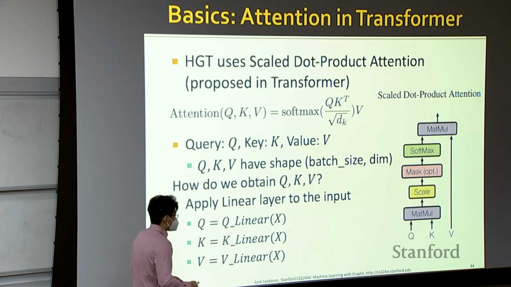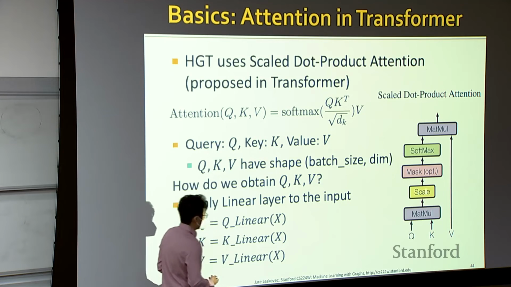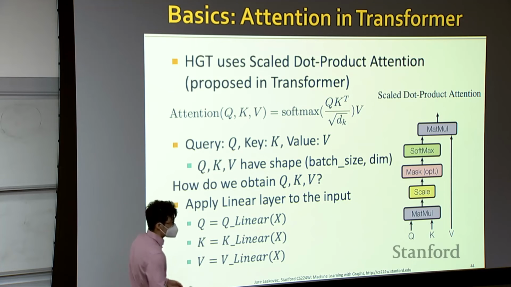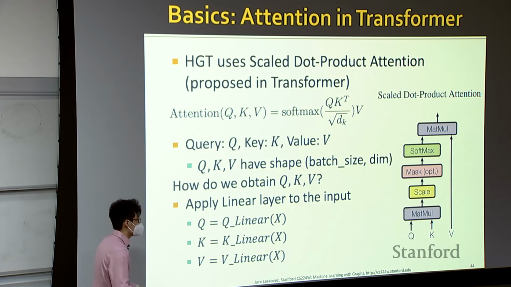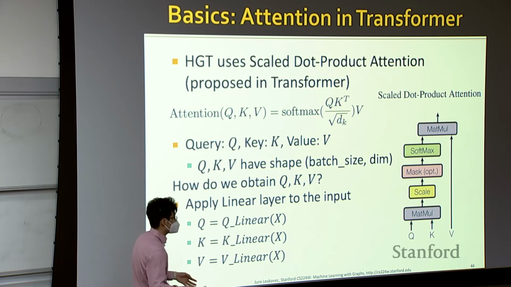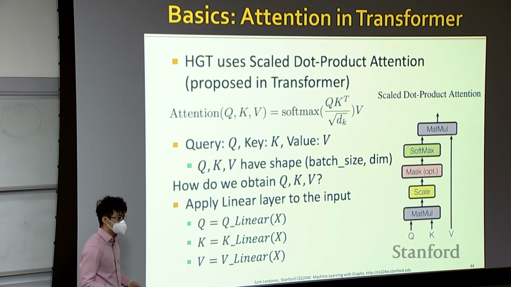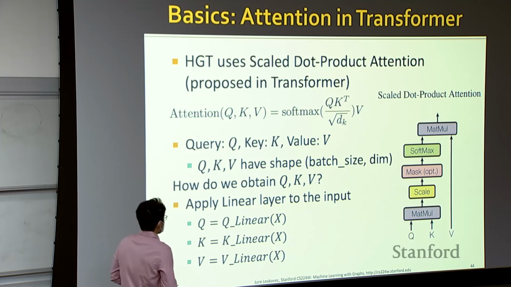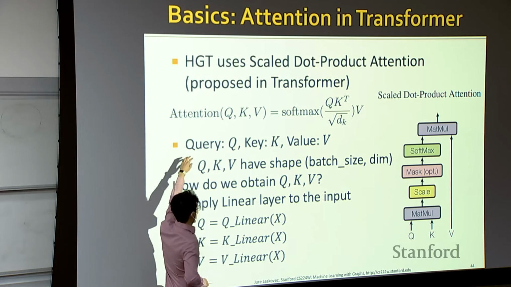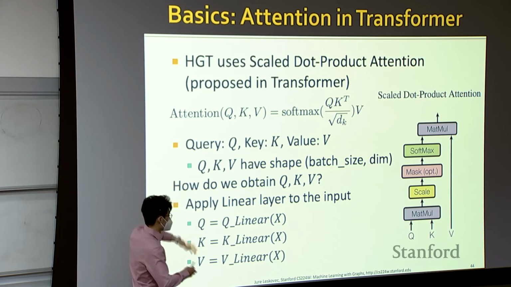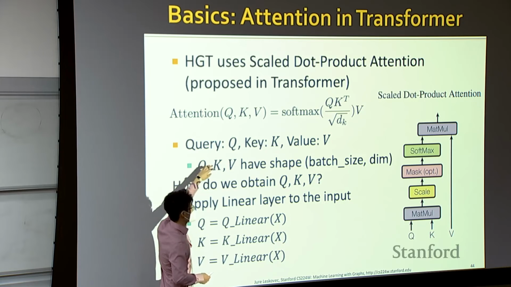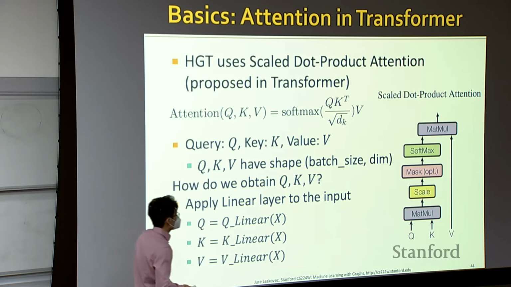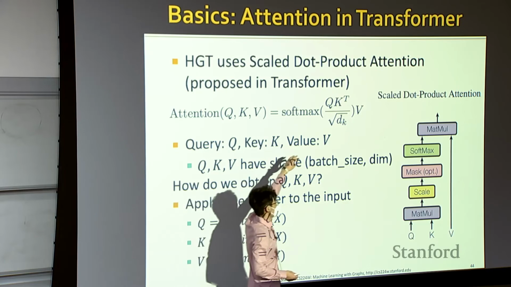Another background that we want to cover here is the so-called scaled dot product attention, which is essentially the attention mechanism used in the famous transformer architecture. To compute the attention with respect to query Q, key K, and value V, we define the so-called scaled dot product.